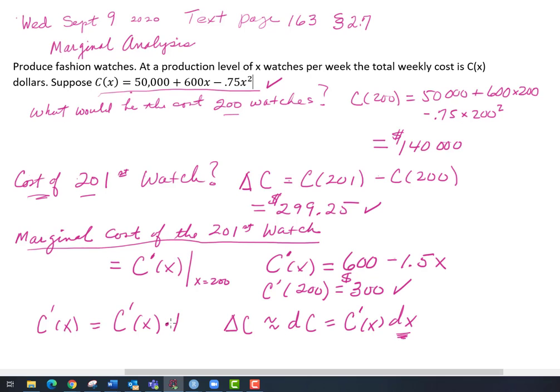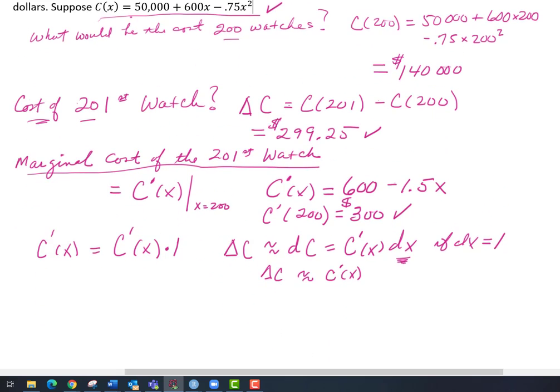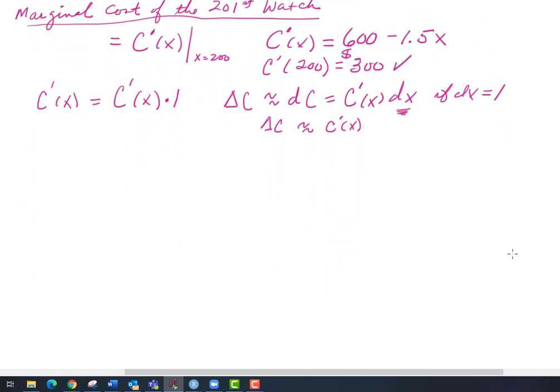Well, in this case we're talking about the next unit. We're talking about dx of 1, so delta C is approximately equal to C prime of x. And that's how we use the marginal anything: the marginal cost, the marginal profit, the marginal revenue.